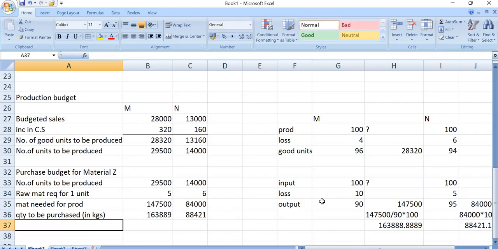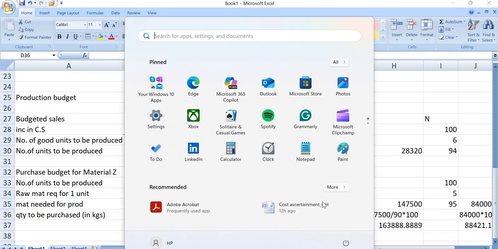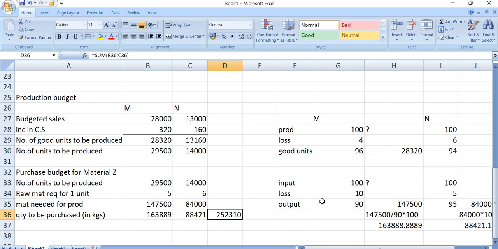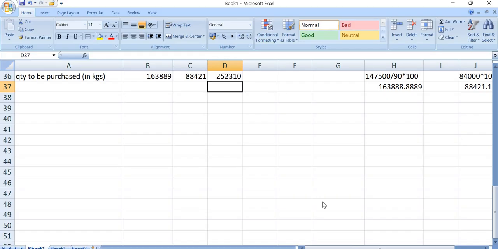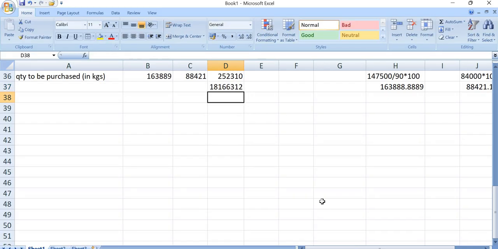So now they asked to calculate amount also, right? So total quantity is 2,52,310. My rate is 72 rupees.